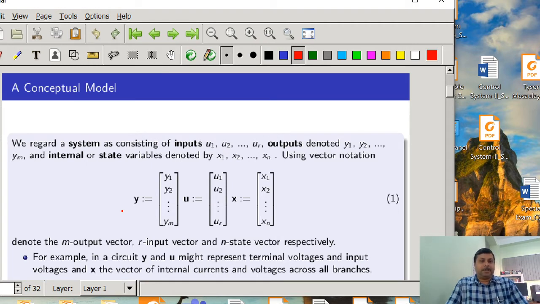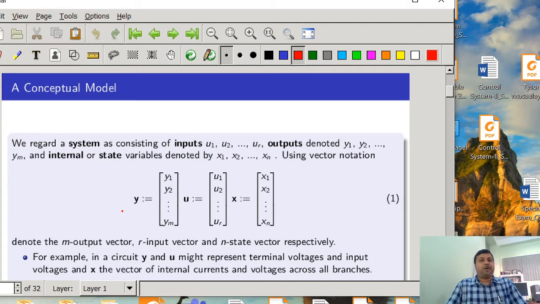So here we are considering a system with r inputs and m outputs, denoted y1, y2, ym, and some state variables denoted x1, x2, xn, meaning n state variables or internal variables we have assumed.